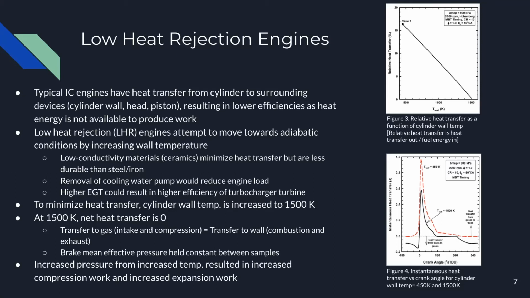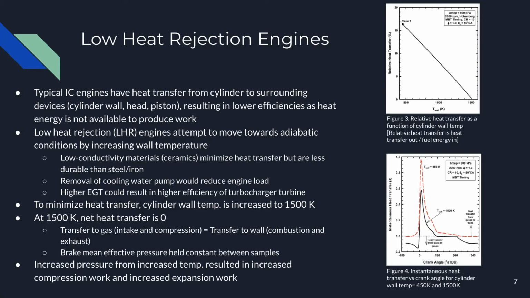So the brake mean effective pressure is held constant at 900 kPa between both the 450 and the 1500 Kelvin simulations. And from this, we can see that the pressure inside the cylinder is increased through the increase in temperature, and therefore results in increased compression work, but also increased expansion work.